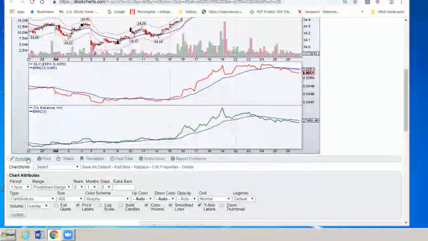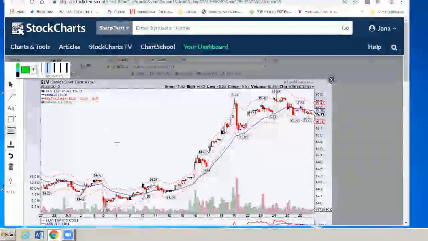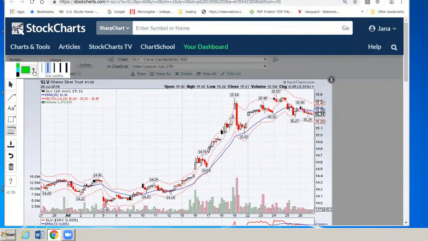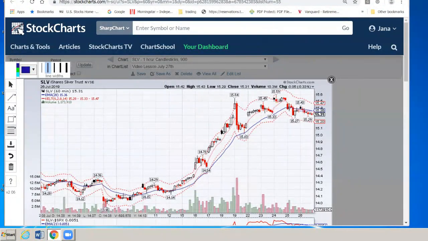If you were looking for a setback, we can use our Fibonacci tool. Hit Fibonacci retracement. Let's change the color here. And pick this low at 1395.